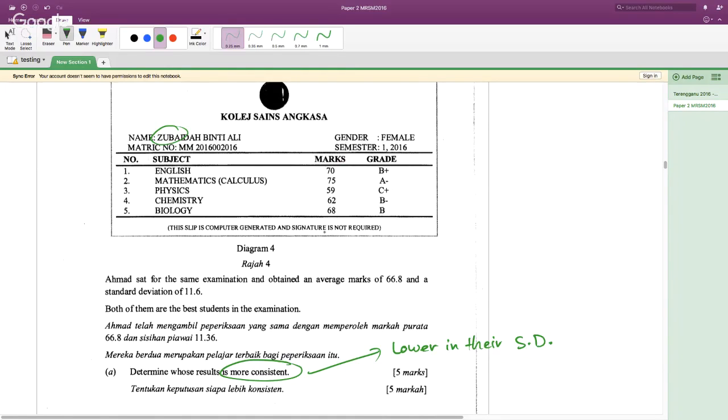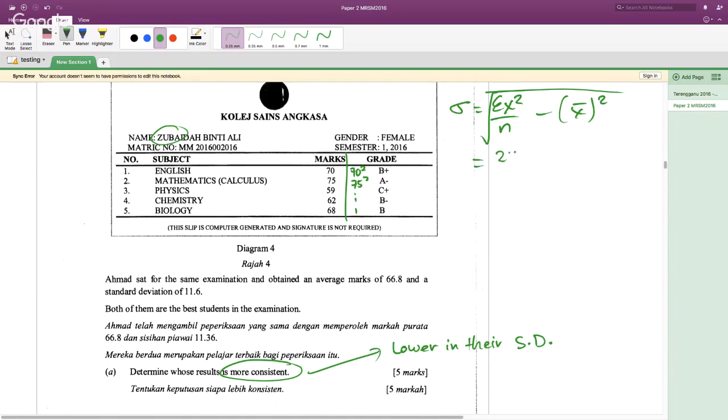So I will try to find the standard deviation for JUP. Standard deviation equals the square root of the sum of x squared divided by n, minus the mean squared. Sum of x squared means all the values squared and added together. So 70 squared plus 75 squared plus 59 squared plus 62 squared plus 68 squared.